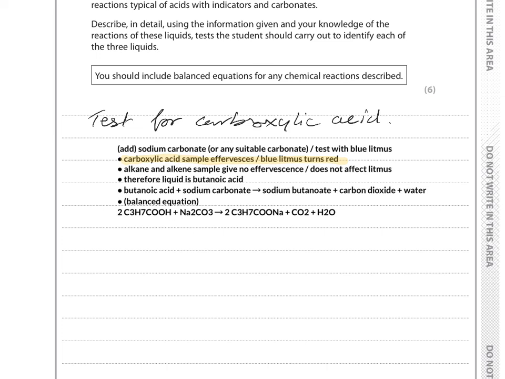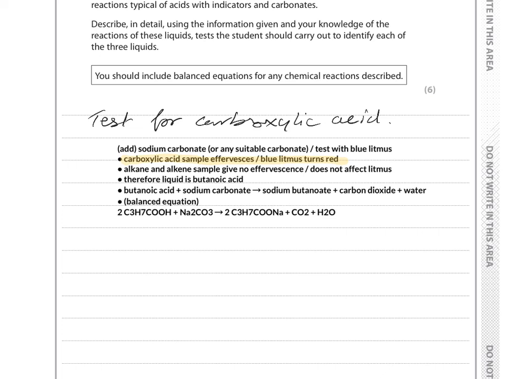But the key thing is, and it says it in the question, that acids react with carbonates to give salt plus water plus carbon dioxide. Now, you know that, and you need to make it clear to the examiner that you know that.